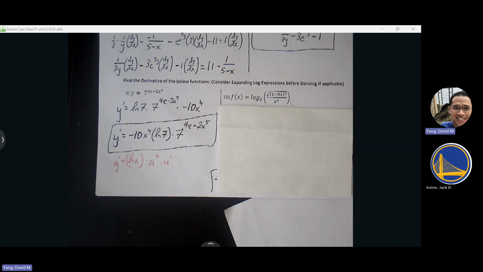Okay, number 10, we see a messy log expression, just treat it like natural log. And then at the very end, your derivative rule will be slightly different, but almost the same.